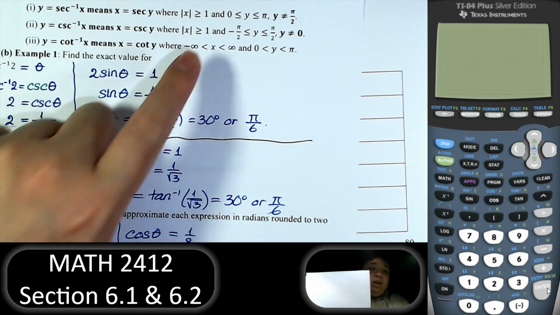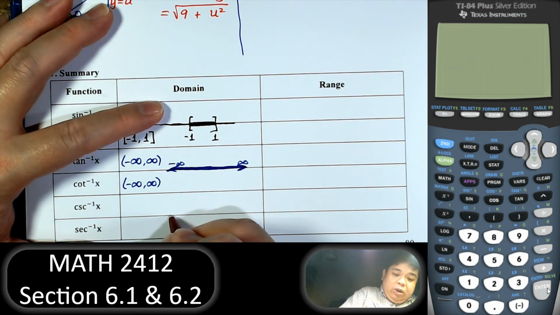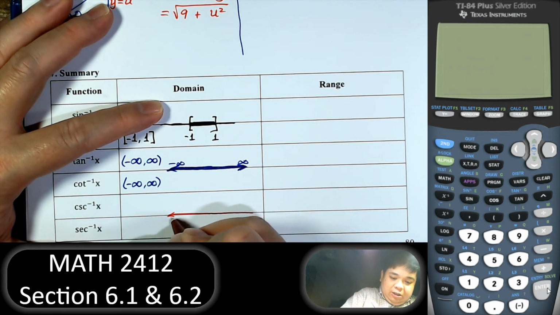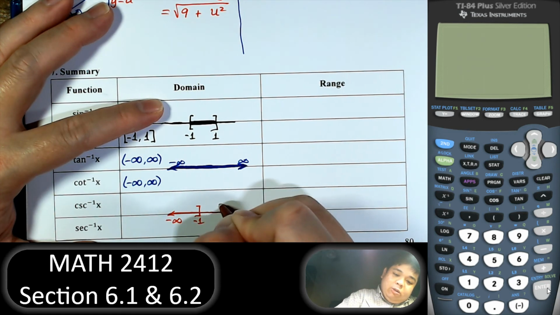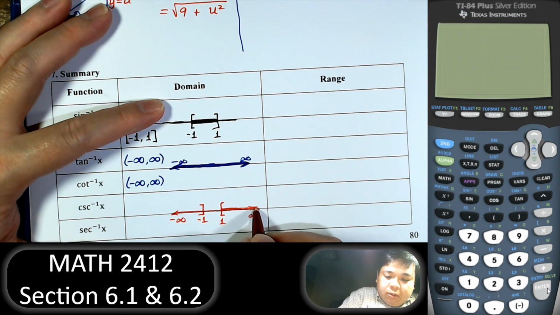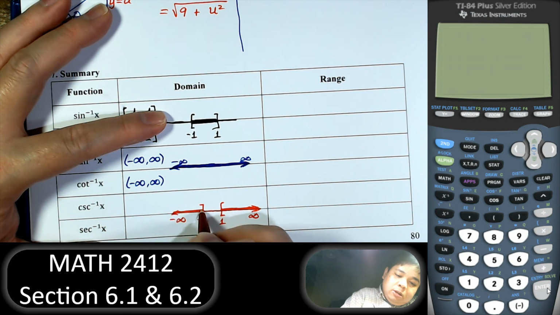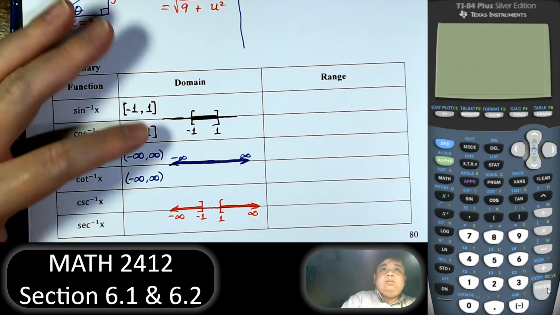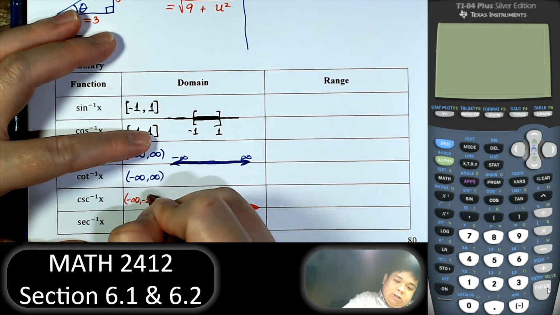However, I'm going to write that differently so you have a better idea of what it is. So what we have is a number line, but it is outside of -1 and 1. So -infinity to -1, union 1 to infinity.